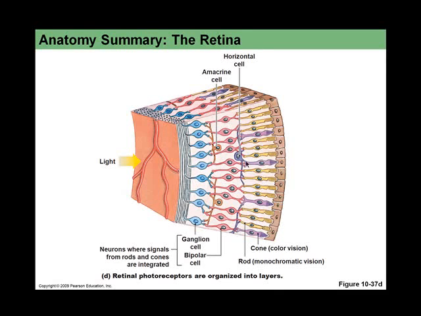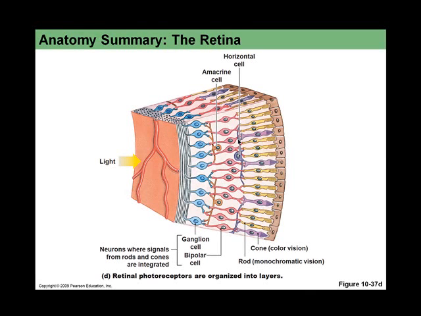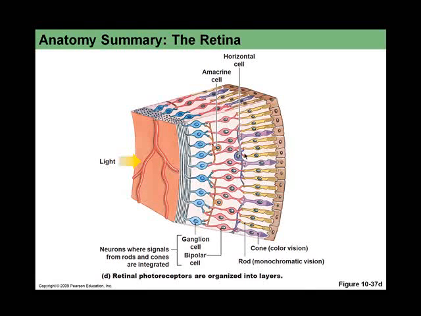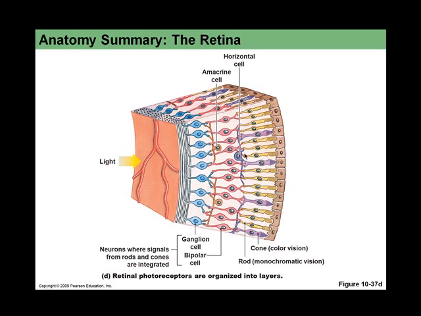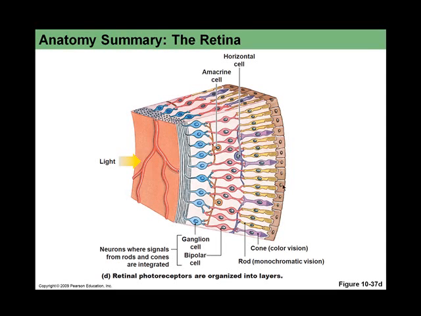So we're going to focus attention on the anatomy and function of the two receptive cells, and then talk a little bit about the nature of signal transmission, signal transduction with the first neuron, the bipolar cells, and then consider some of the properties of the ganglion cells. And of course, along the way, we'll see this outermost layer that is the pigmented epithelial cell layer.